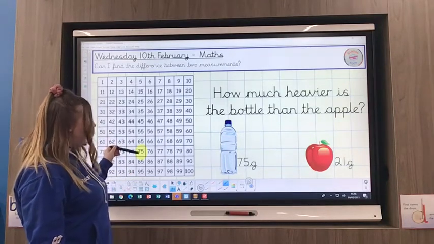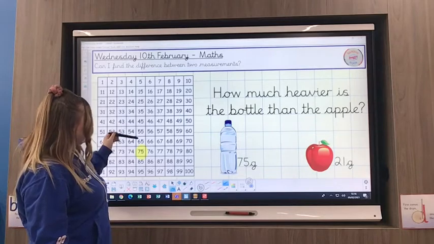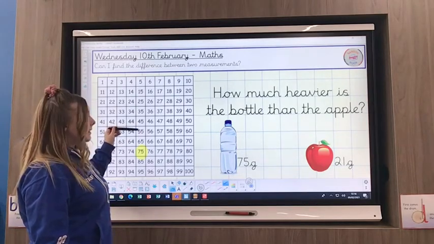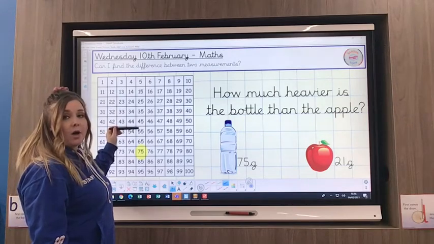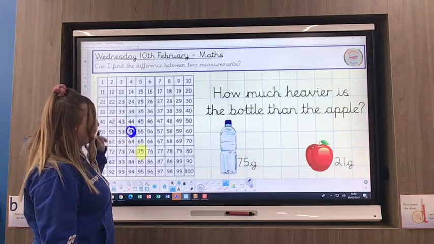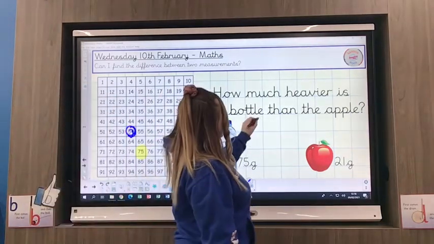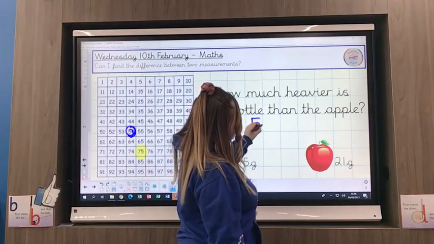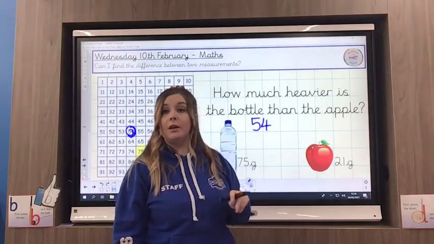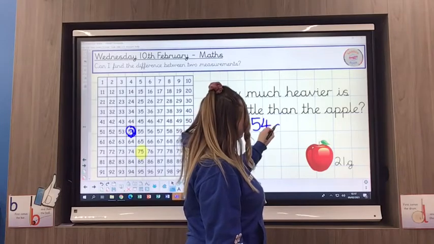So 10 less than 75 is 65, 20 less is 55, and then one more is 54. Okay, so the difference is 54, and what's my unit of measure? Grams. Well done.